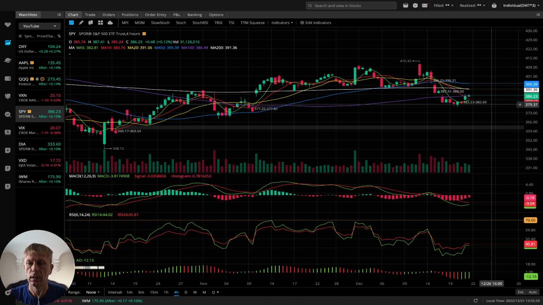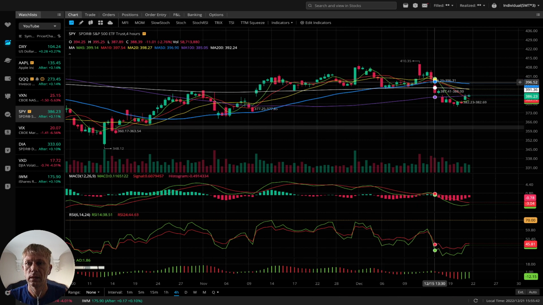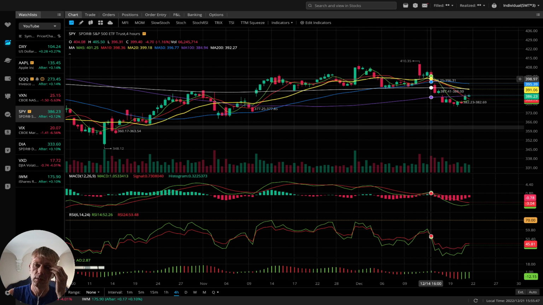Yes, we have multiple here, and here. And MA20 did a bearish crossover, right? That's why we're still in a bearish trend.